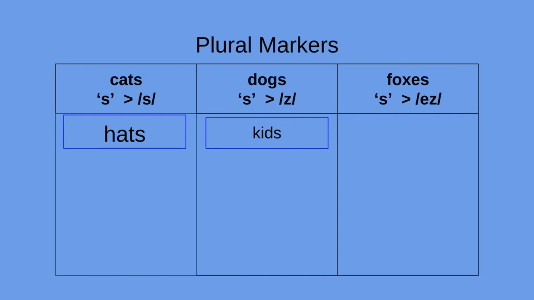We have to get our lunches from our field trip. Great job. You heard the ez sound. So, like foxes, lunches. What about the word step? We have many steps to complete. You're right, it would be the s sound, like cats.